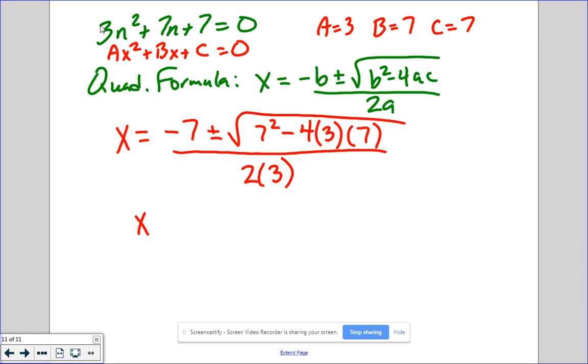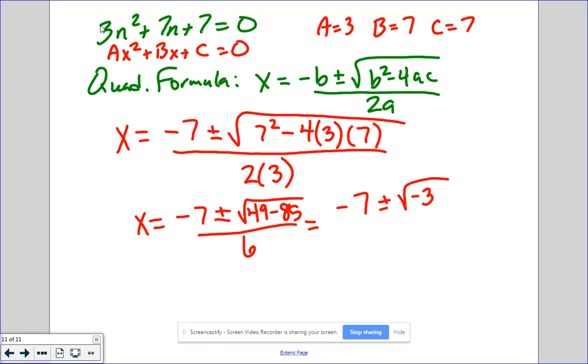Well, if I solve this, negative 7 plus and minus the square root of 49 minus 85 over 6. Or negative 7 plus and minus the square root of negative... is my math not right there? 12 times 7 is 84.